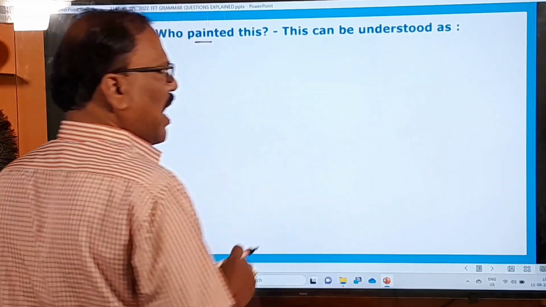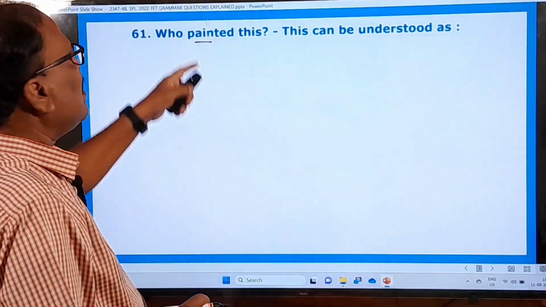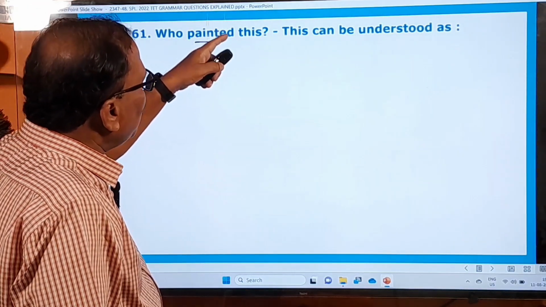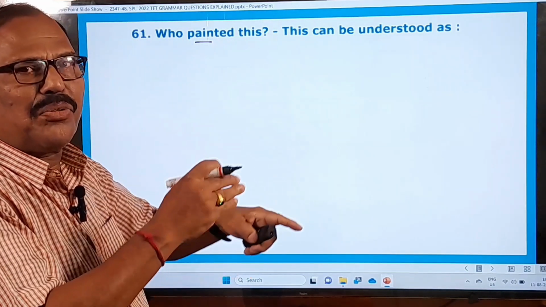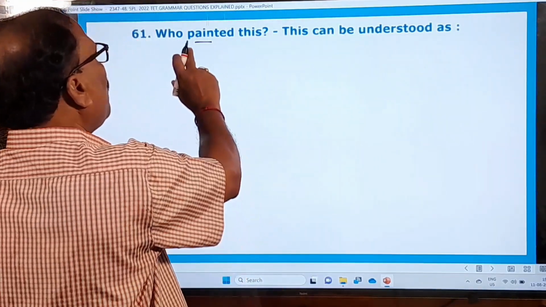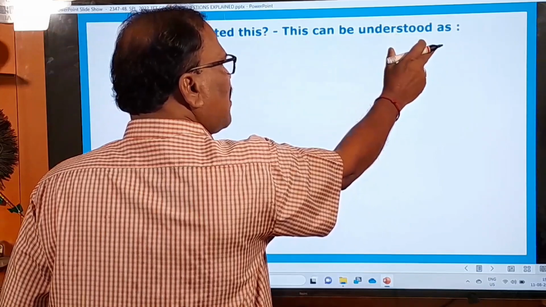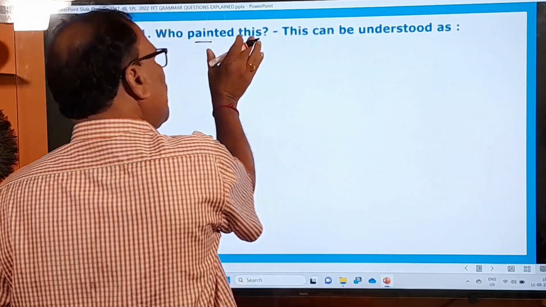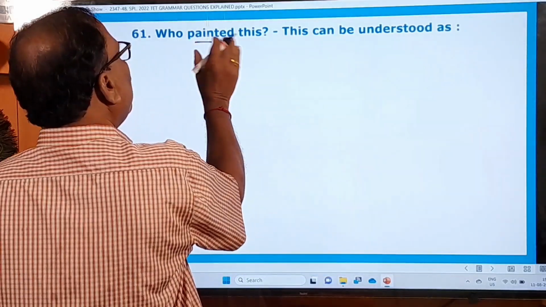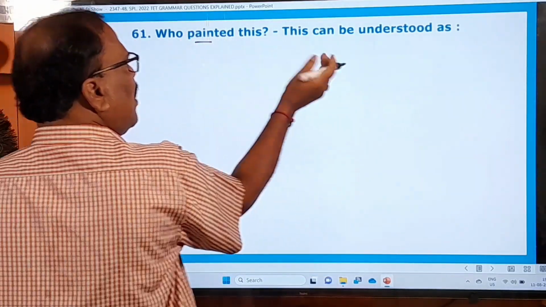This can be understood as, this sentence is in the active voice, right? And instead of asking you to change this sentence directly into passive voice, he is asking you in a different way. So, who painted this? This means, how to change this into passive voice. First of all, let us learn how to change this question into passive voice.